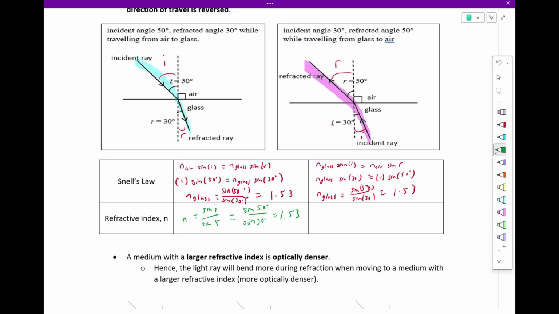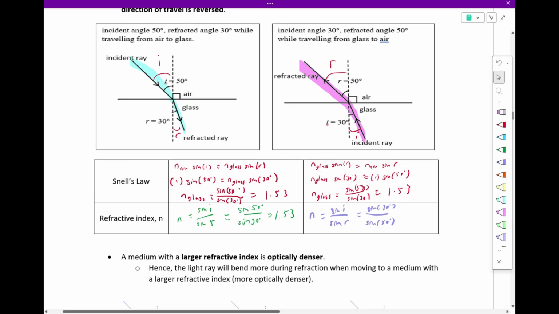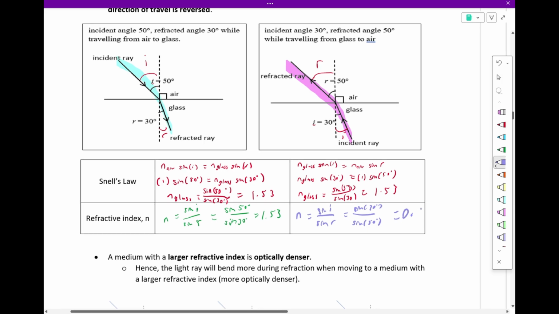But if you try to do the same step for this one, if you use sine I over sine R, what happens is that you end up with sine 30 degrees over sine 50. If you press this in your calculator, you end up with 0.653, which is wrong. So therefore, if you hard memorize sine I over sine R, you are setting yourself up for failure.